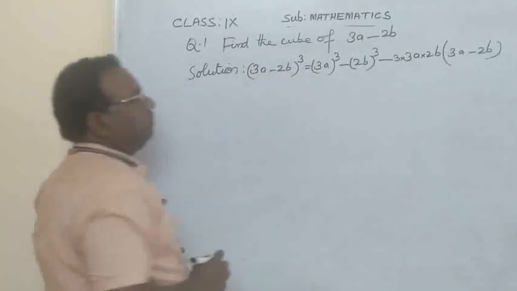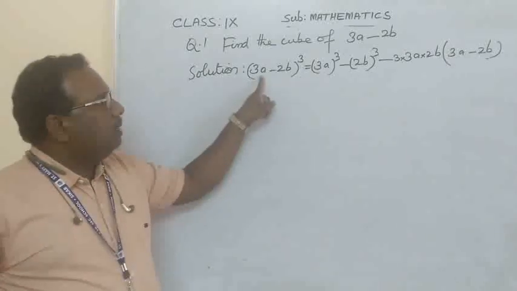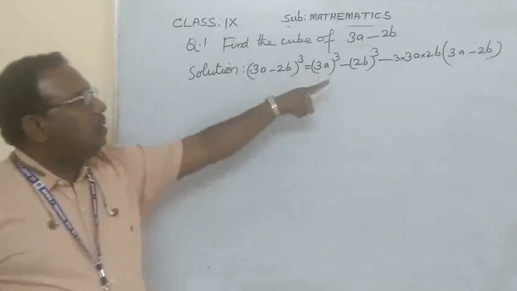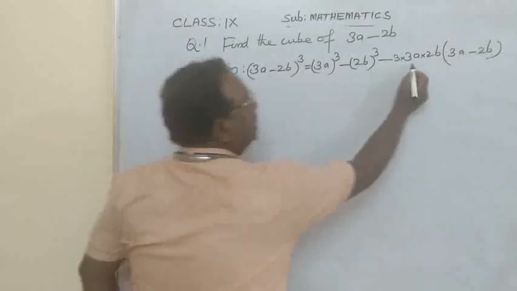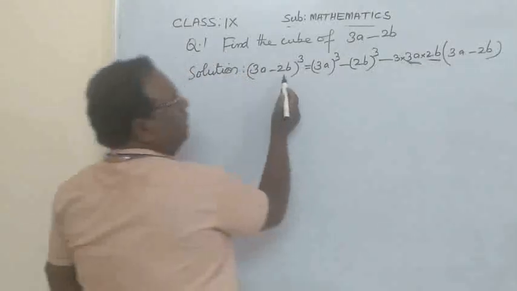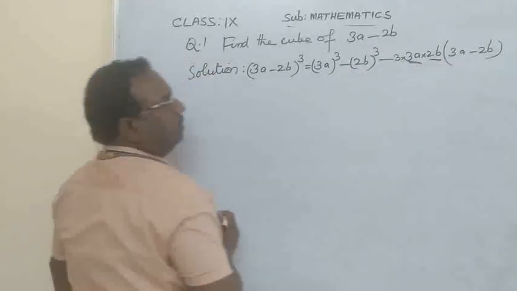Look at the board. This is equal to cube of first term, (3a) whole cube, minus (2b) whole cube, minus 3 into first term 3a into second term 2b into same bracket (3a minus 2b).